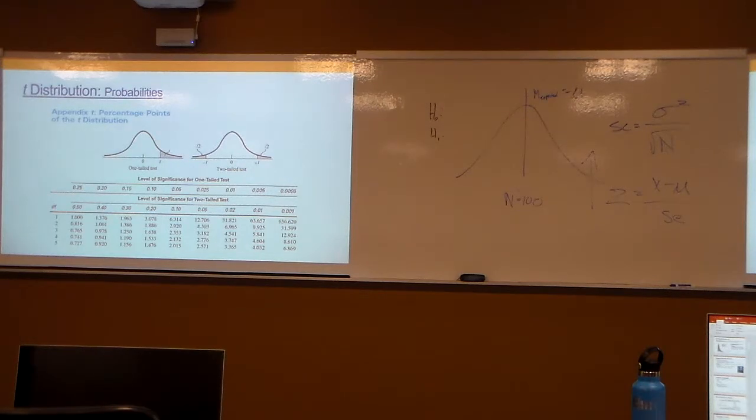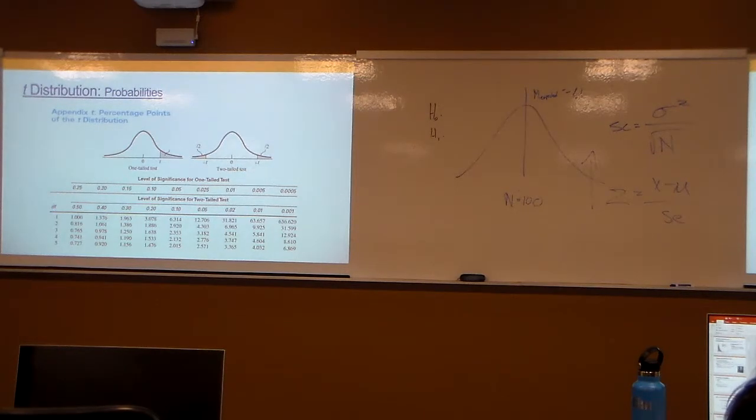Here's for two-tailed tests. I'm going to say I'm looking at a two-tailed test with alpha equal 0.05. How many degrees of freedom am I looking for in the left-hand column here? And then this is going to identify for me what my critical value is for claiming statistical significance.